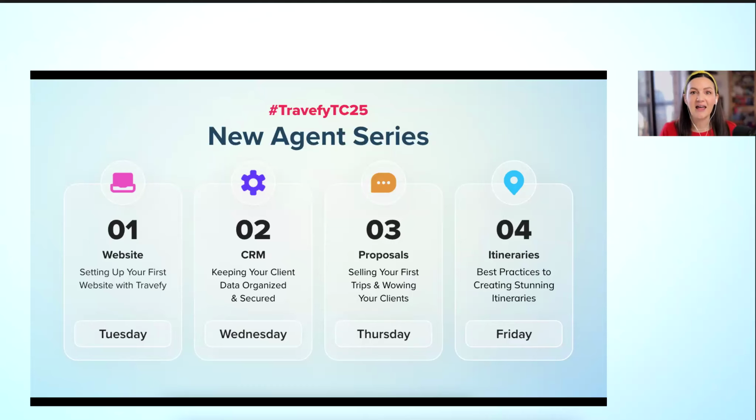And then the second day on Wednesday, I talked about how to organize your client contact information with the CRM. Yesterday, I talked about proposals, and now we're talking about good old itineraries. So we kind of went down the line, starting from your marketing into organizing information that you get from marketing, and then selling those trips. Now, we are on the final one of actually providing that final itinerary to your clients.